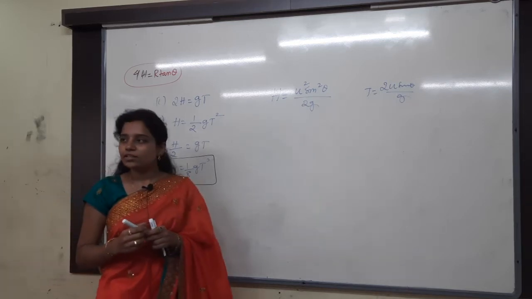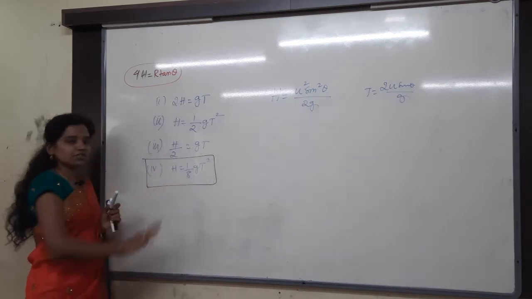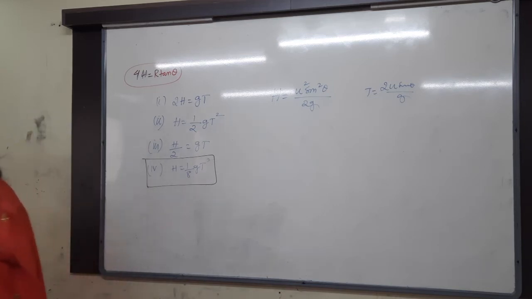Shall I? 1 by 8 g T square you will get. Hello? Hello? Class lo unnanu.